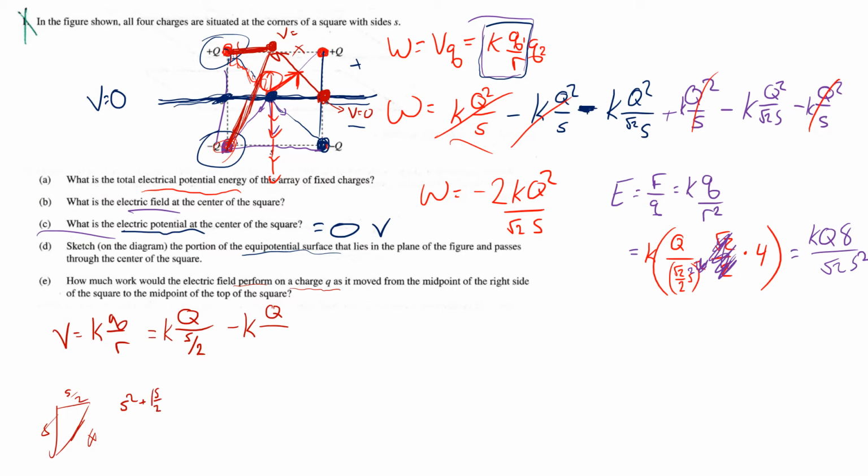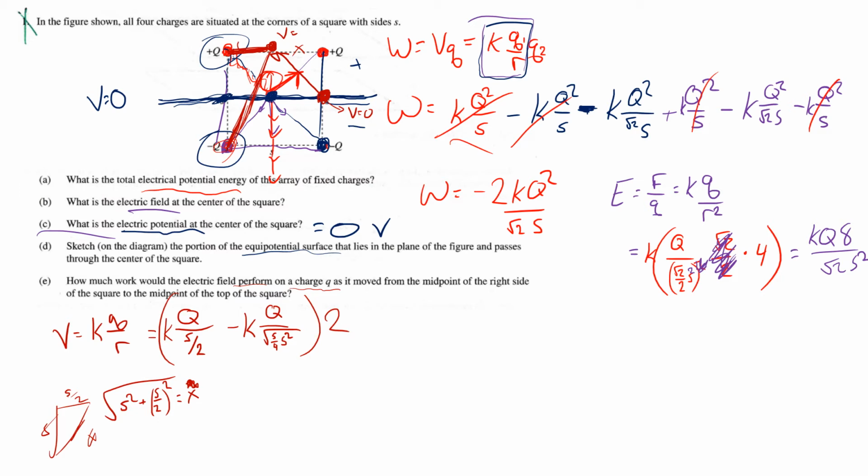S over 2 squared is equal to X squared, so we're going to square root that. So we'll have the square root of S squared plus S squared over 4. So we'll have 5 over 4 S squared, and we'll simplify it next time we have to write it. Now, that's for just those two. So to do the entirety, we have to double the whole thing because we have the right-hand side as well.